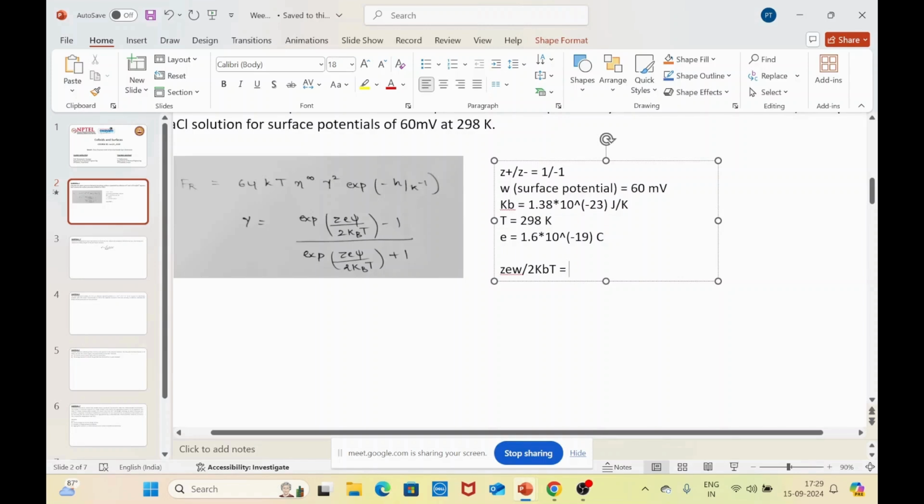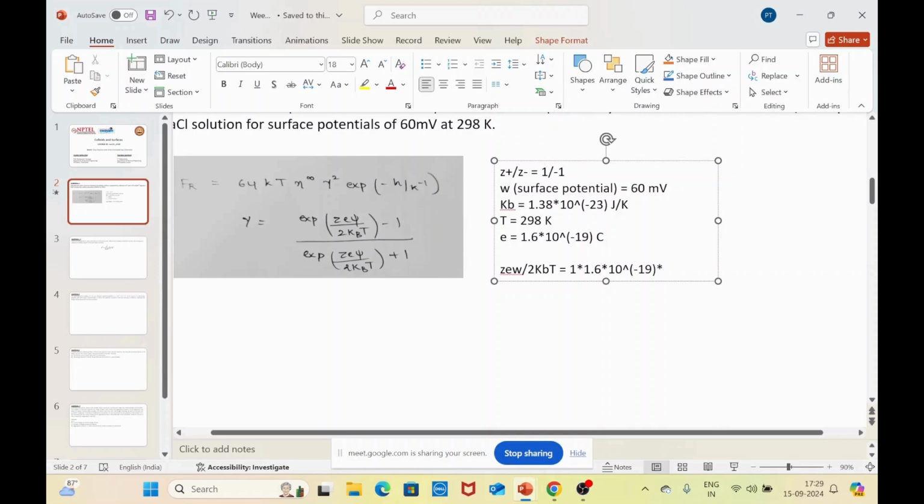So the value of Z is 1, times your E, which is 1.6 into 10 to the power minus 19, times omega, that is 60 millivolt.